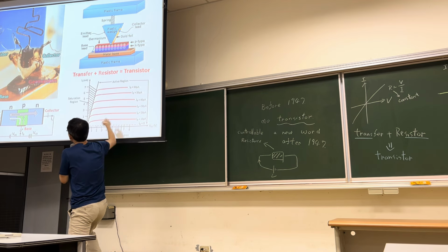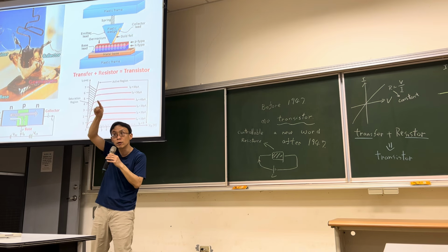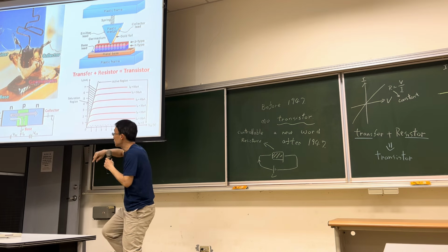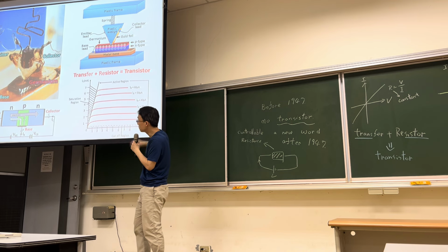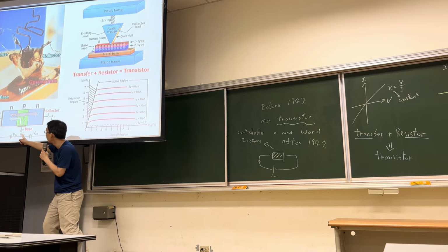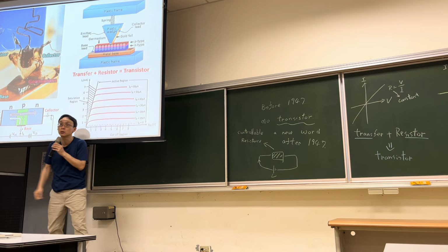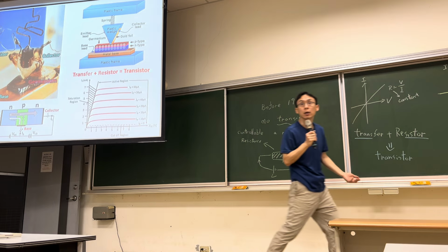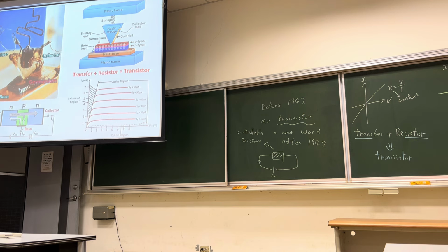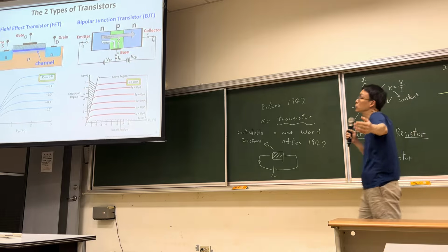This current is produced by the emitter and the collector. The current runs from emitter to collector, but the resistance is controlled by the base current, which flows into the middle layer, the contact point of the triangle. So that's the basic operating principle.